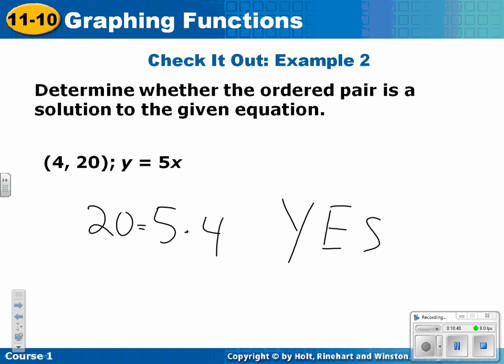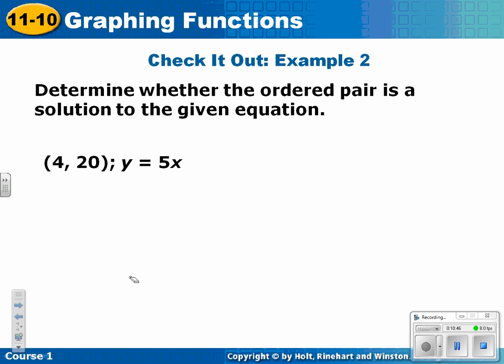Now, I don't know why they don't do this, but they didn't. What if, let's just pretend here for a second, that we didn't have 4 here. Let's just pretend we had 3. And so then we plugged all of our numbers in, and we would have 20 equals 5 times 3. Is that a true statement?